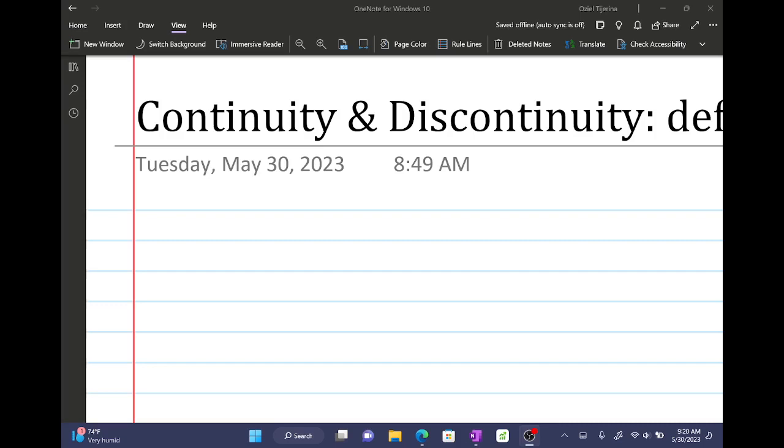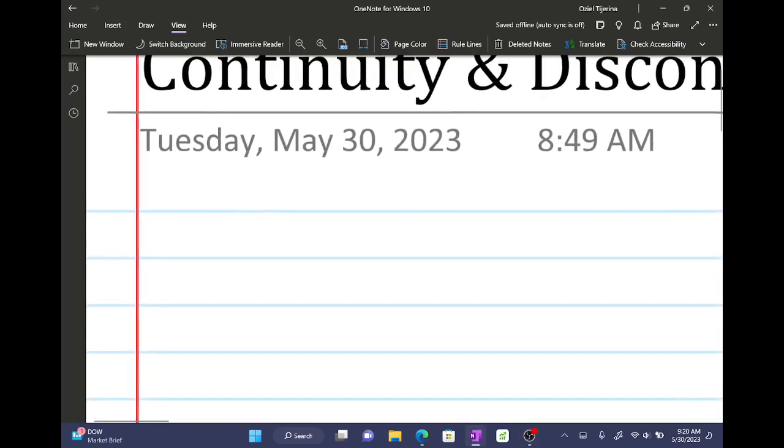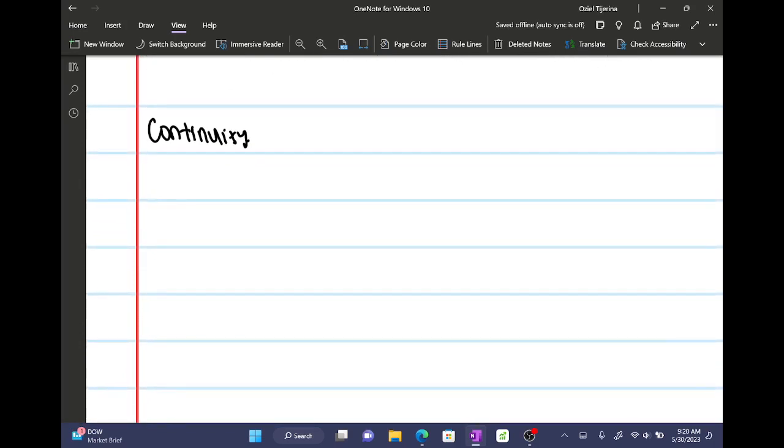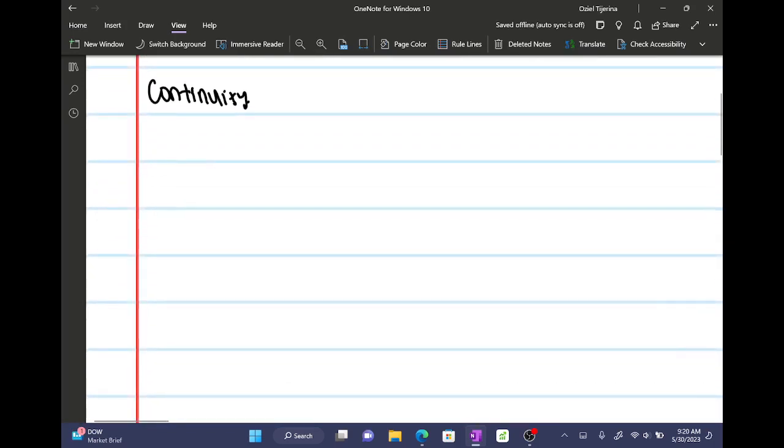I'm sure in pre-calculus we've touched a little bit on continuities, and obviously algebra has a lot to do with this. So I'm going to state the actual calculus definition.